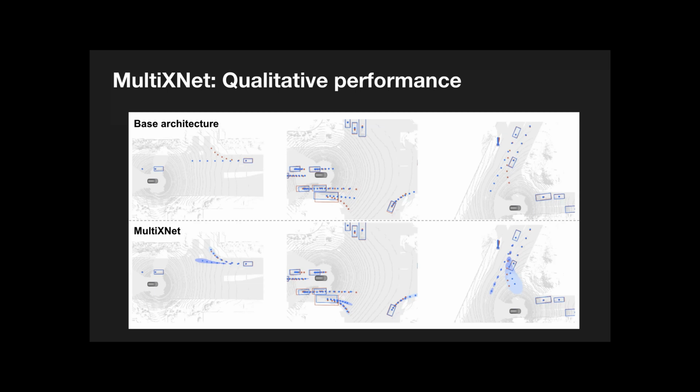We can see that the detections are basically the same between the two methods, and that's expected since the actor-centric stage is only used to refine motion forecasting. Also, we can see the effects of multimodality. See, for instance, on the left, the base architecture thinks the vehicle will continue going straight when in fact it's turning right.